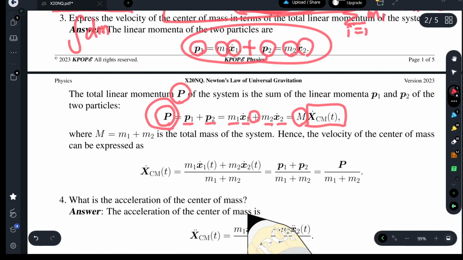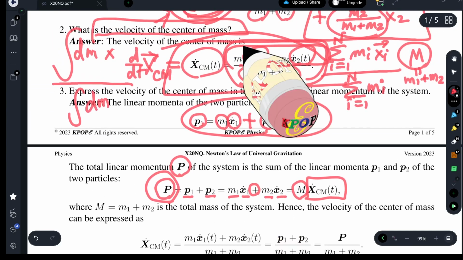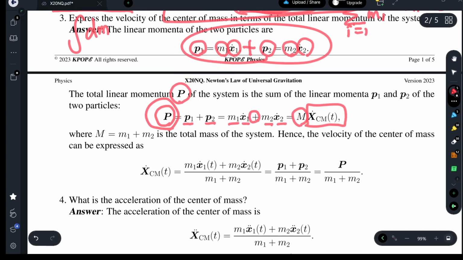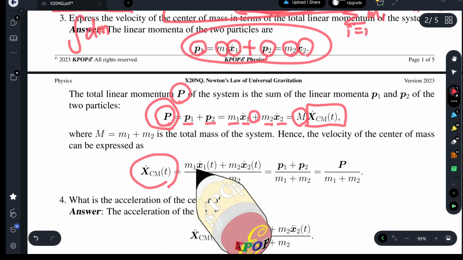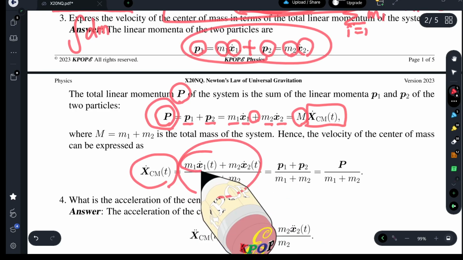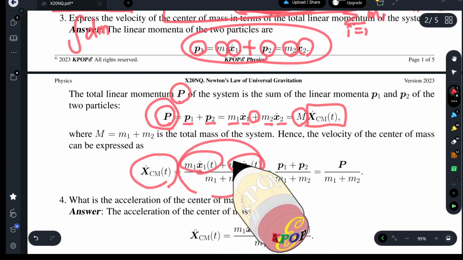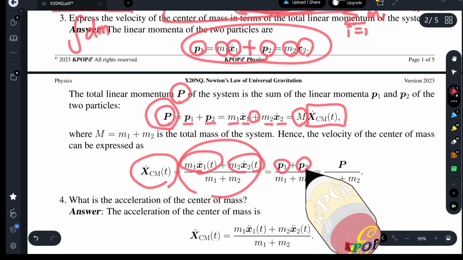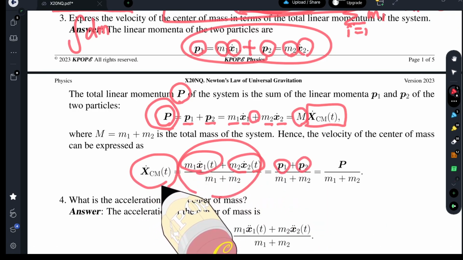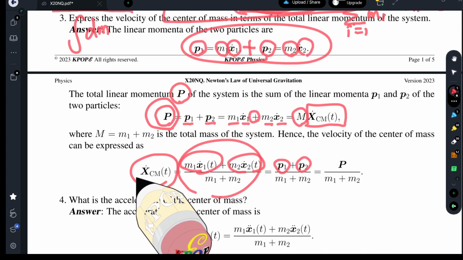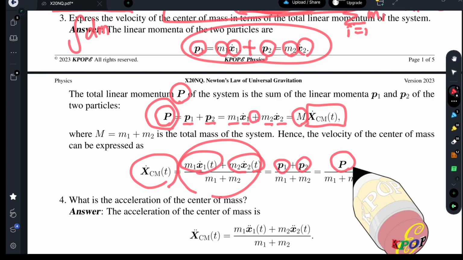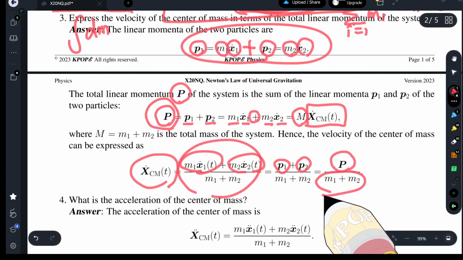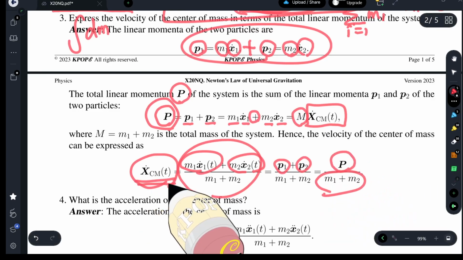In addition, if I return to the original form of the velocity of the center of mass, and because these are the linear momenta of the two particles, the center of mass velocity can be obtained by computing the total linear momentum first, and if we divide this by the total mass, then we obtain the velocity of the center of mass.